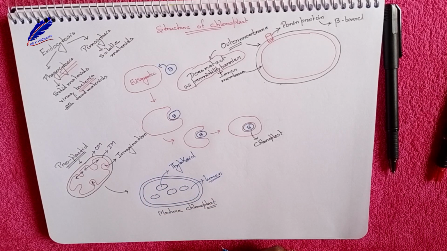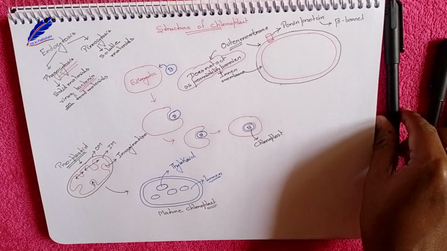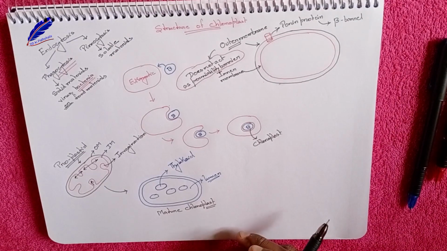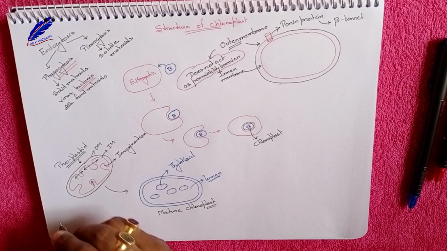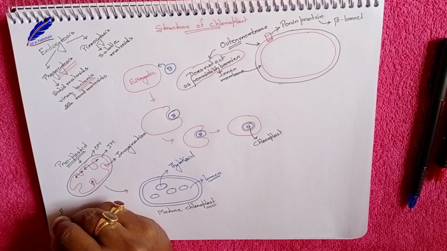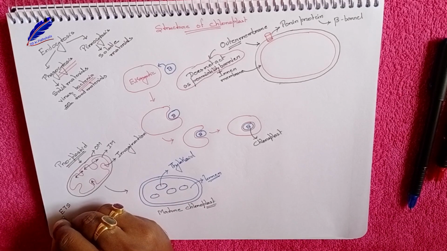Now, if we compare chloroplast with mitochondria, we know that inside mitochondria there occurs an event called electron transport chain, ETS.